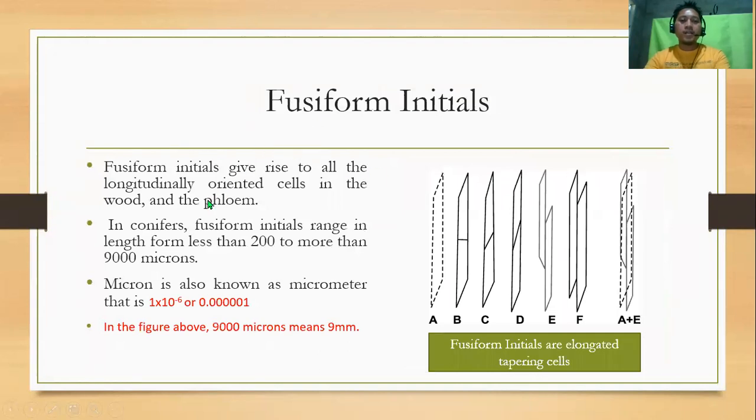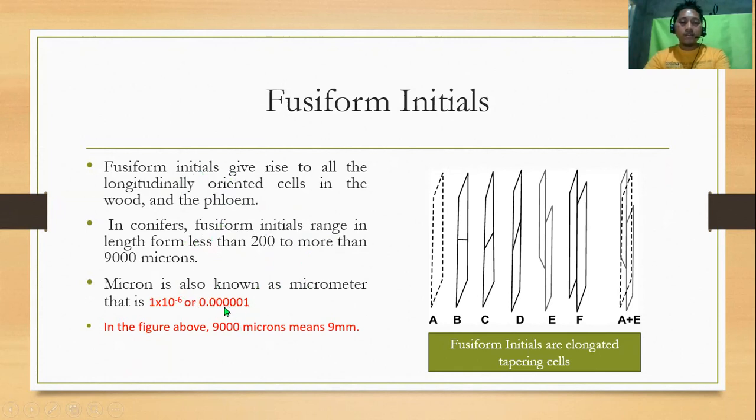Fusiform initials give rise to all the longitudinally oriented cells in the wood and the phloem. Basically, during cell division, these fusiform initials produce xylem and phloem. In conifers, fusiform initials range in length from less than 200 to more than 9,000 microns. A micron is also known as a micrometer, that is 1 times 10 to the power of negative 6.